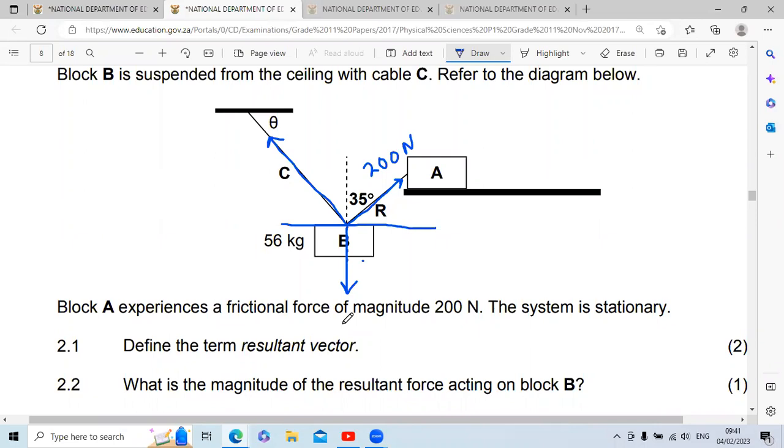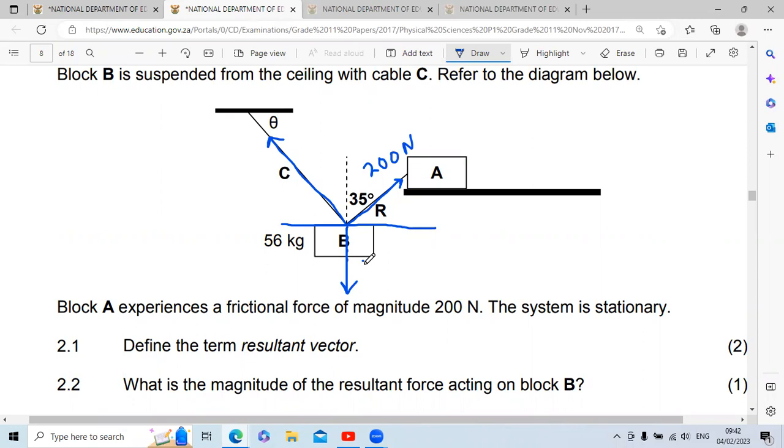Do you know the formula for gravitational force? Mgh. Oh, okay. So that's what we're going to have to use somewhere in the next questions.